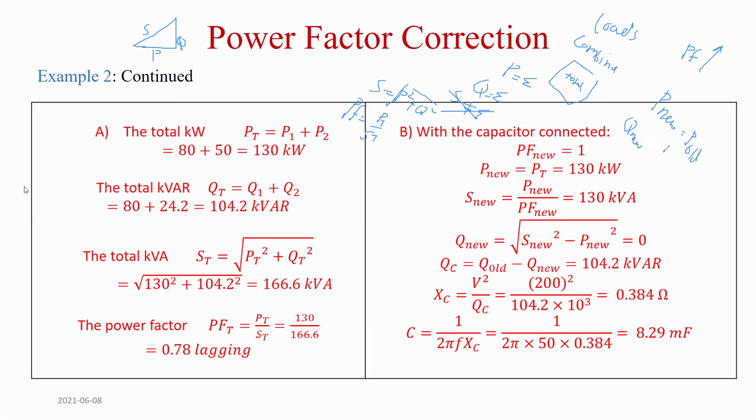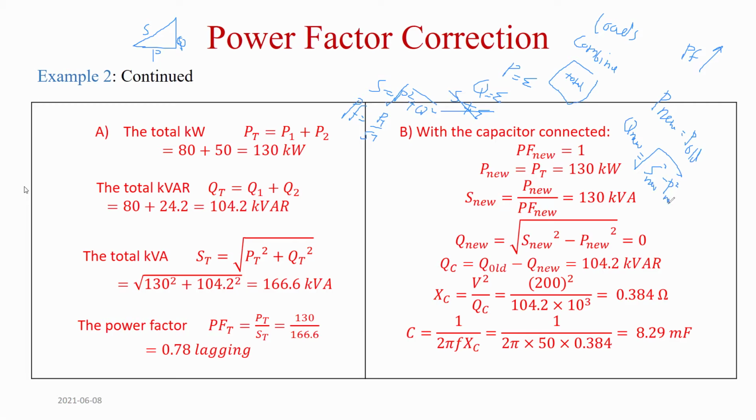Now, usually you would find S new using P divided by the new power factor, which is always given. They have to tell you what level you improve the power factor to. Then Q is S squared minus P squared for the new.